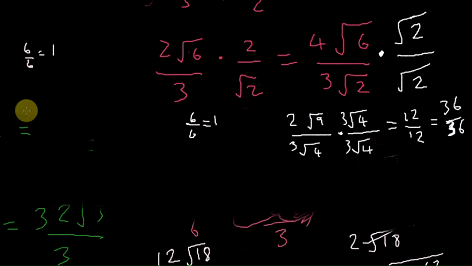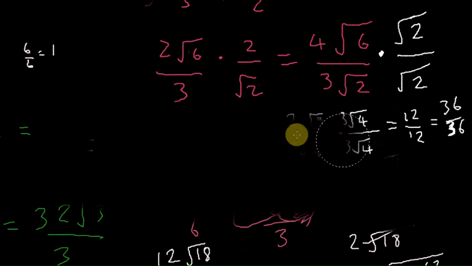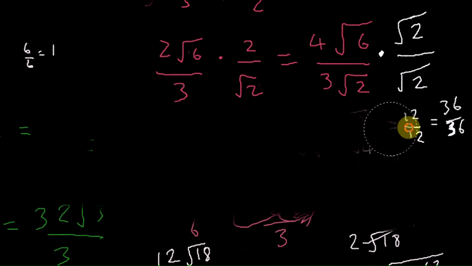Where were we? Okay, so let's just do this. Let's times the top, so that's 4 times 12, and that's on the bottom: 2 times square root of 2 times square root of 2 is 2.